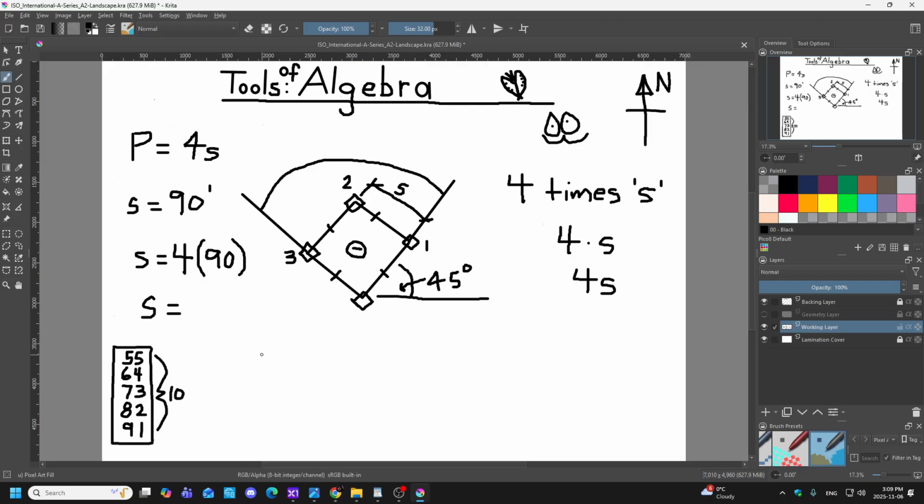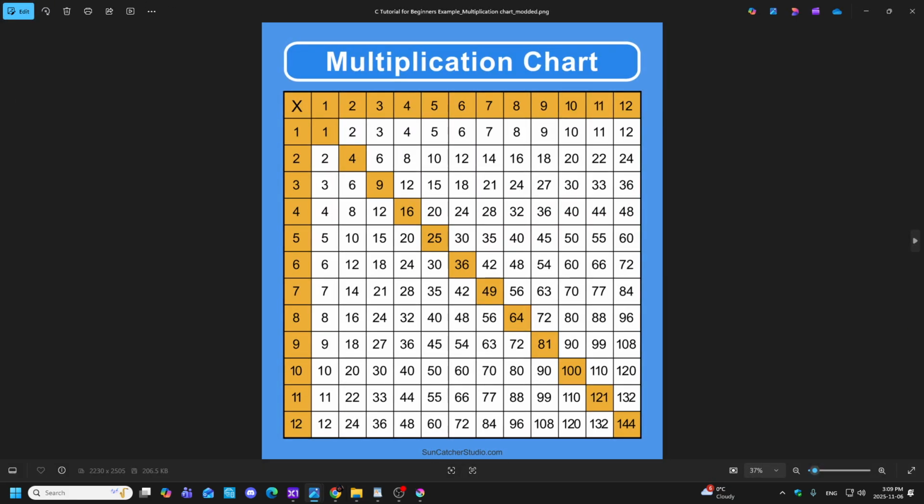Nine times 4 is 36, correct? Again, I recommend you study your multiplication and or times table, because it will definitely help you solve your mathematical problems quickly and faster than your peers. Aren't you quick?